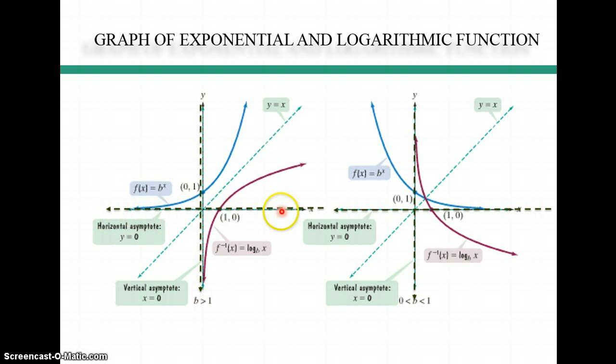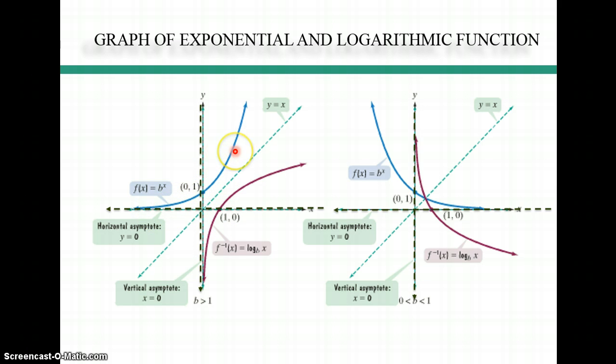This dotted line is the horizontal asymptote for exponential function, and this dotted line is the vertical asymptote x equal to 0 for the logarithmic function. The x-intercept for logarithmic function at 1, the y-intercept is at 1 for exponential function.